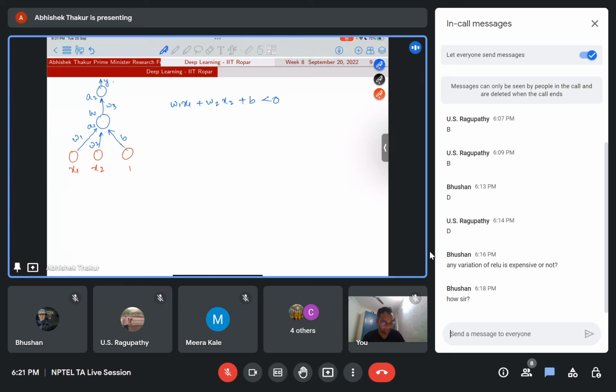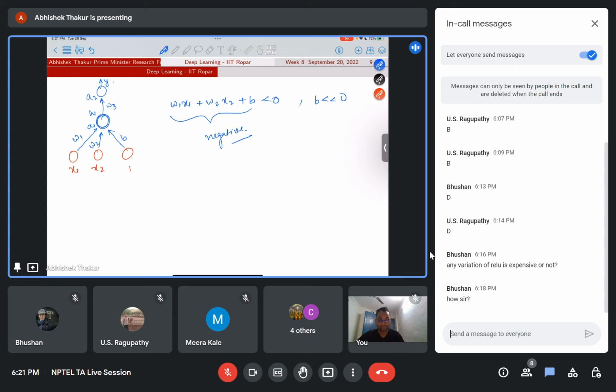So in this case, if b is very negative, much less than zero, then this whole term will be negative, and this neuron will not fire and will be just a dead neuron.